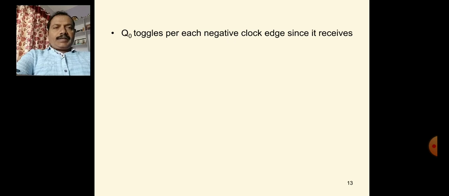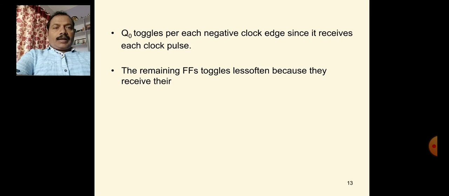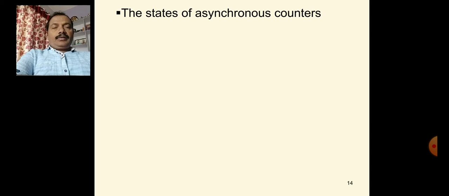Q0 toggles on each negative clock edge, hence it receives each clock pulse. The remaining flip-flops toggle less often because they receive their clock signals from the outputs of previous flip-flops.